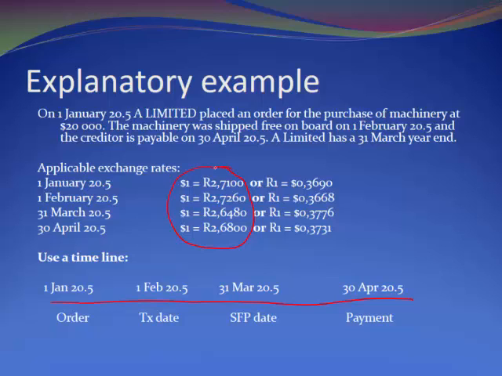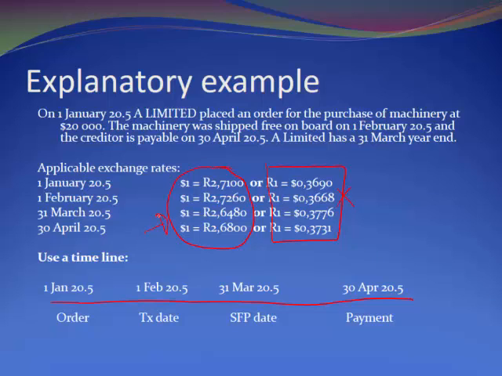But we can also give it in another format, as you can see here in the square. We can give it to you in the form of 1 Rand equals $0.369 or 1 Rand equals $0.36668. Just make sure in a question how this information is given to you. I will refer further to how the calculations work, because this one has a bit more difficult calculation than this one.